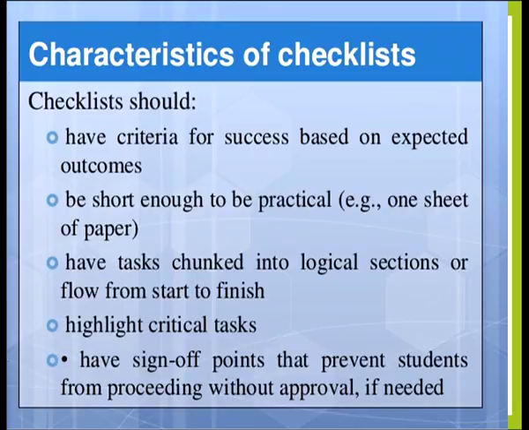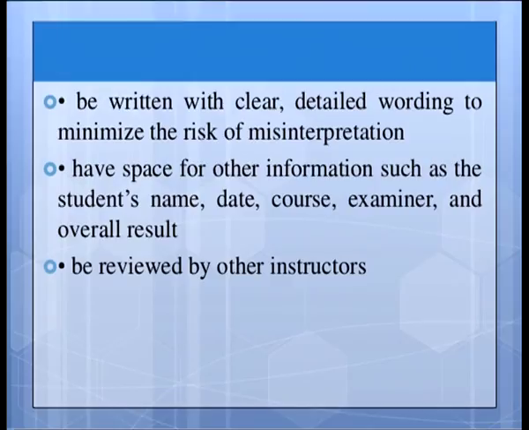Highlight critical tasks, with sign off points that prevent students from proceeding without approval if needed. Be written with clear, detailed wording to minimize the risk of misinterpretation. Have space for other information such as the student's name, date, course, examiner and the overall result. Be reviewed by other instructors.